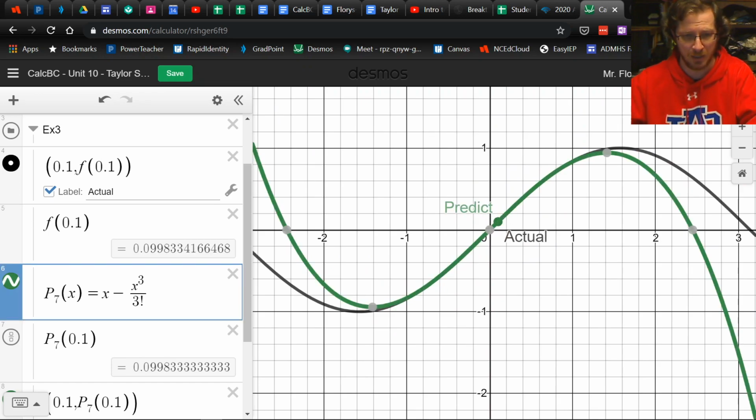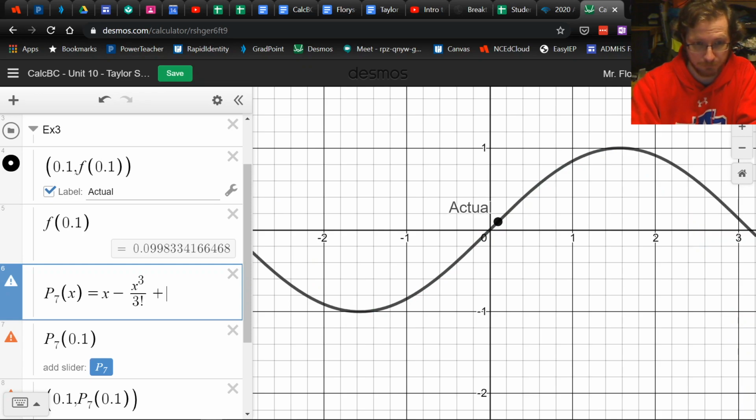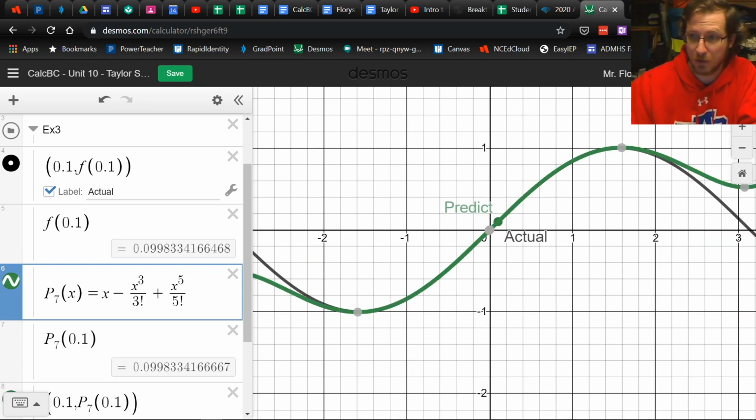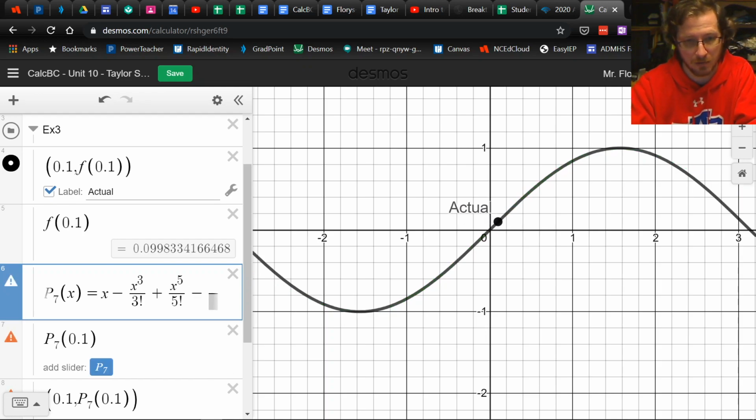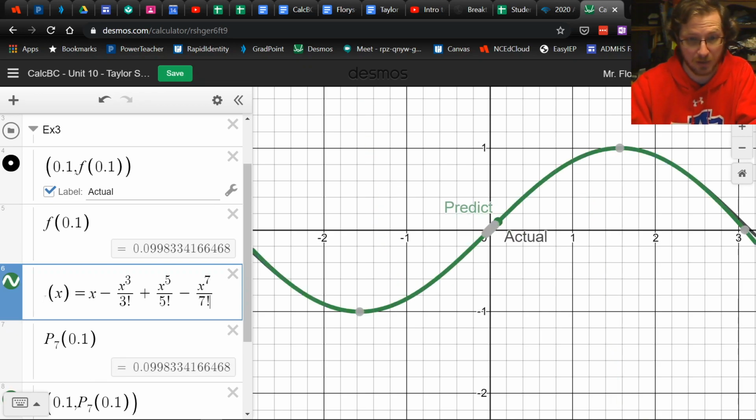Let's go further. We did our piece of 7, so let's keep going. All right, x to the 5th power over 5 factorial is even better of an approximation. You can see it goes out past the 1s. It's still looking good a little bit. And then our last term, x to the 7th over 7 factorial.